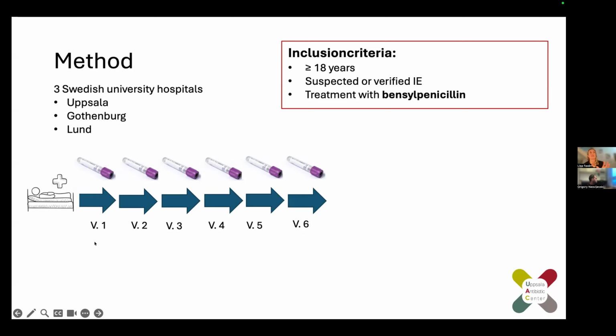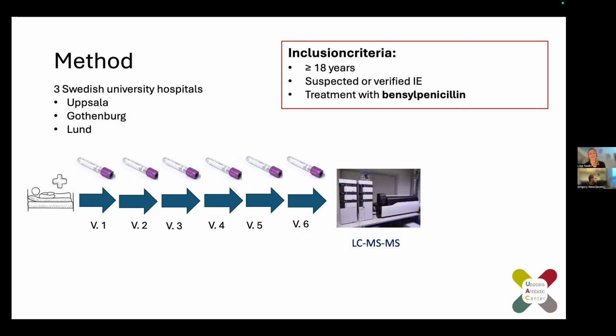During the first week after inclusion, we took 6 samples within one dosing interval, and the following weeks, 3 samples per dosing interval. The samples were then analyzed with liquid chromatography tandem mass spectrometry, and the resulting concentrations were calculated.